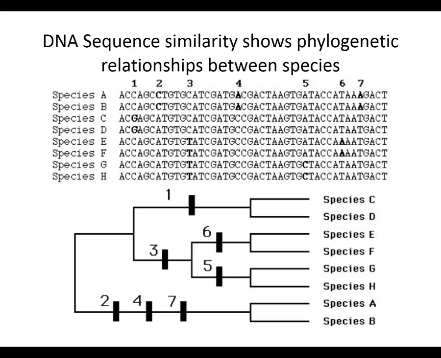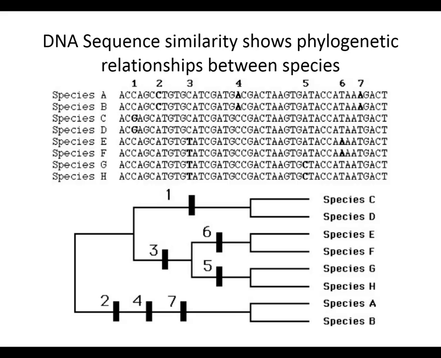And we can say that species C and D are a lot more similar, right? They have how many differences between each other? I don't see. Oh, it looks like C and D are exactly identical in this list, yeah? But how many differences between B and C?